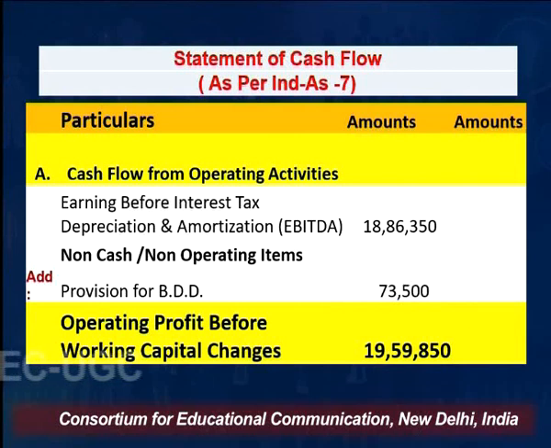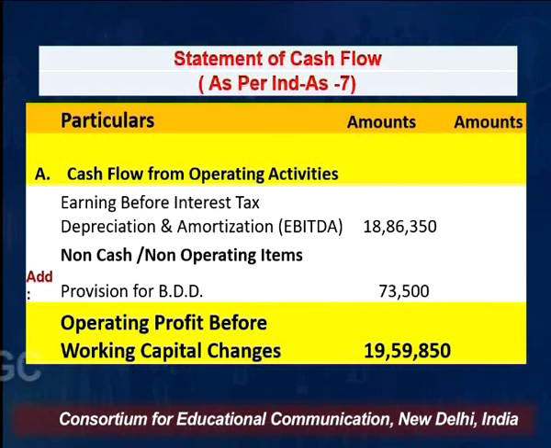And if you cast your eyes at the profit and loss account, you will find only one item which can be called as non-cash item, and that is provision for bad and doubtful debts. So this provision for bad and doubtful debt with an amount of 73,500 comes to be a non-cash item, and since it was subtracted from the profit, it reduced the profit, which means that profit must be increased with this value.